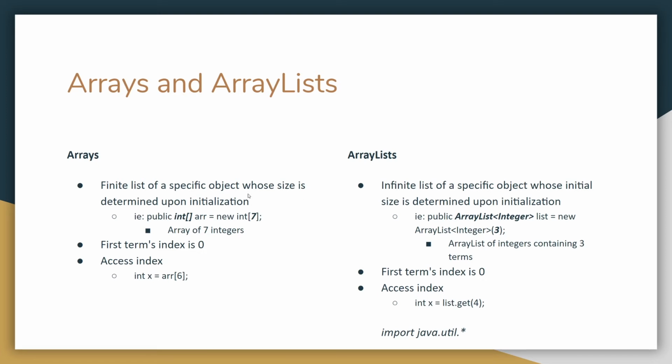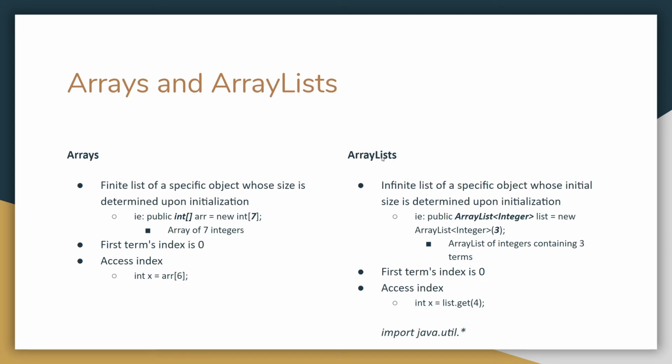The second way of doing it was the one that we showed earlier, where you use the curly braces as the scope for showing what the terms of the array are. The second thing about arrays, which we already covered, is that the first term's index is 0. And then to access an index, you basically give the name of the array, square brackets, and give the index that you want.